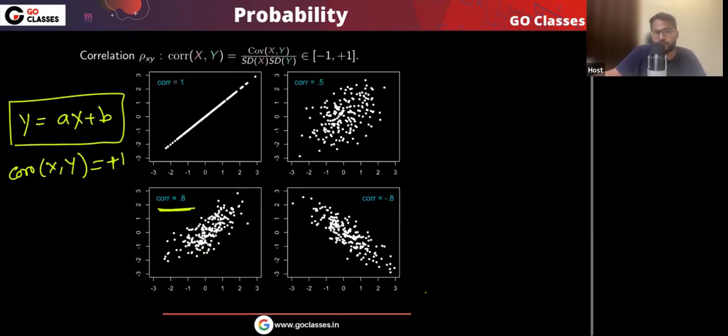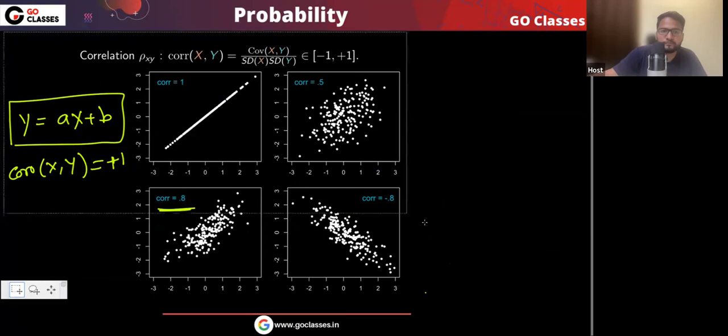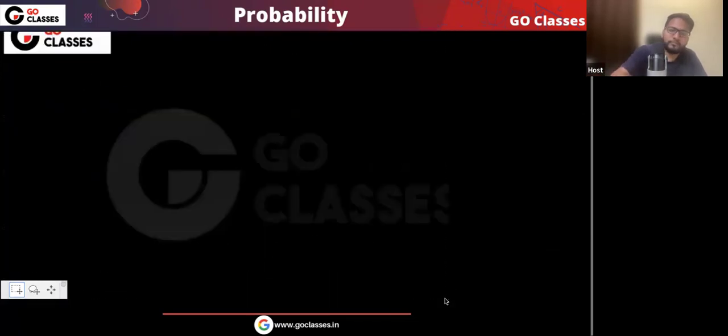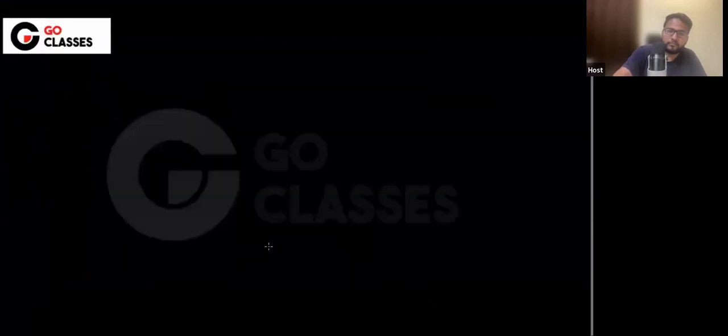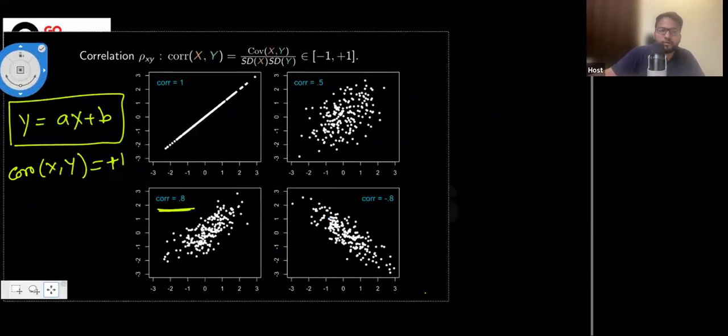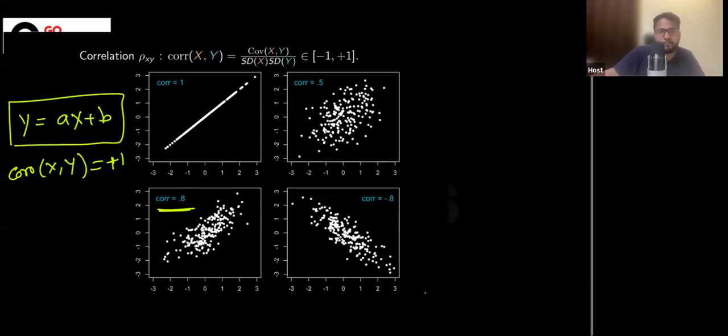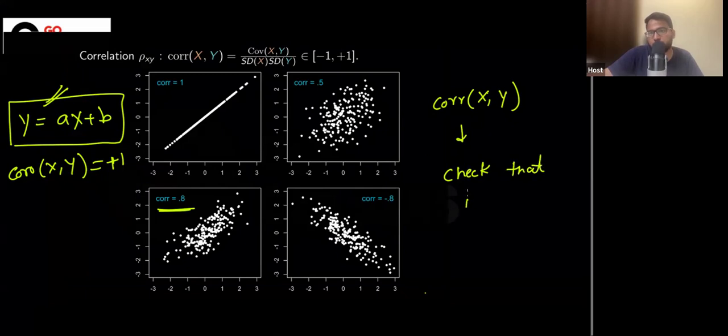As homework, you can also try out this question. If y is defined like this, where a and b are constants, then find the correlation between x and y and check that it has to be either +1 or -1.